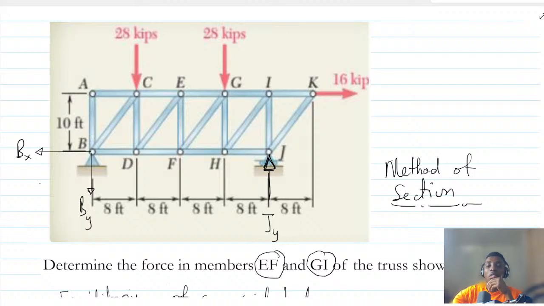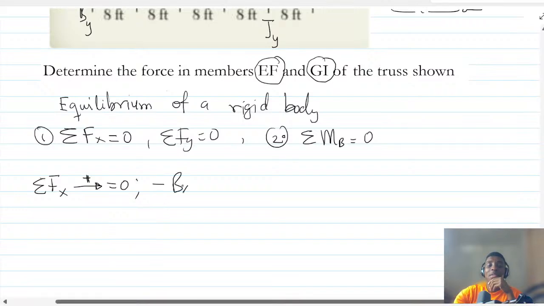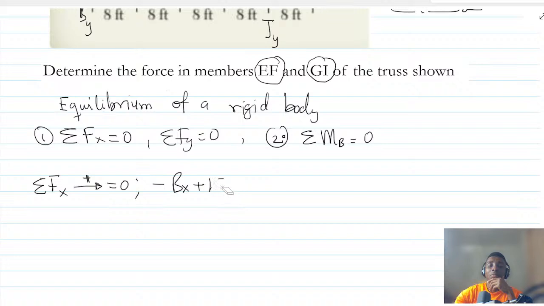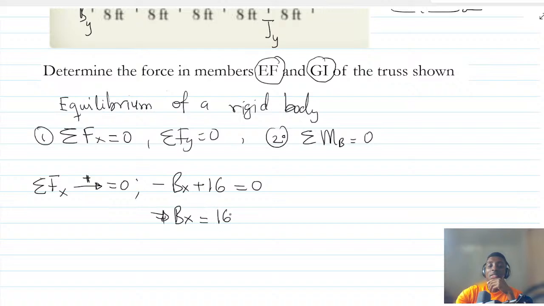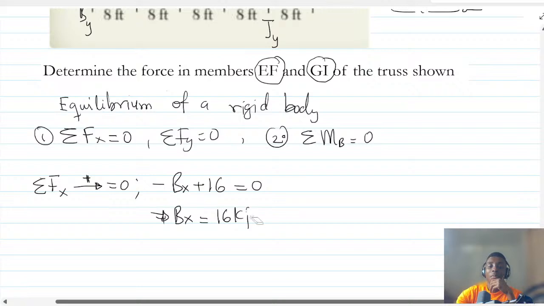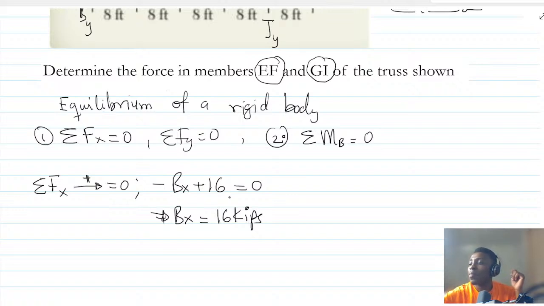So we can say minus BX plus 16 should be 0. In other words, BX is 16 kip.